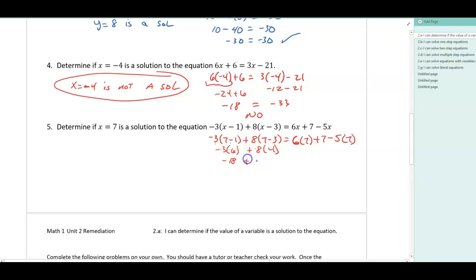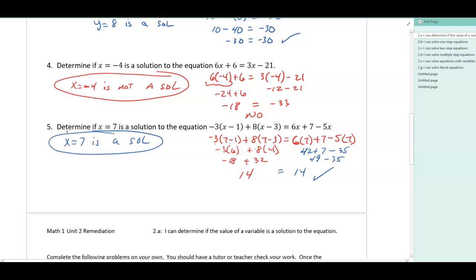That's negative 18 plus 32, which is going to give me 14. This side, that's 42 plus 7 minus 35. 42 plus 7 is going to give me 49, minus 35 would equal 14. Does 14 equal 14? Yes, that checks out. So x equals 7 is a solution.